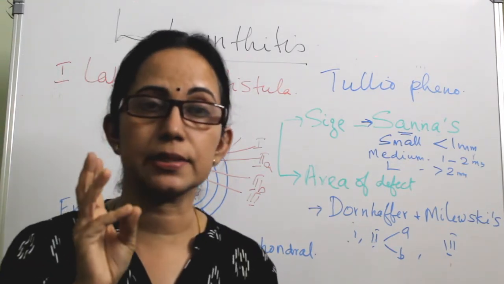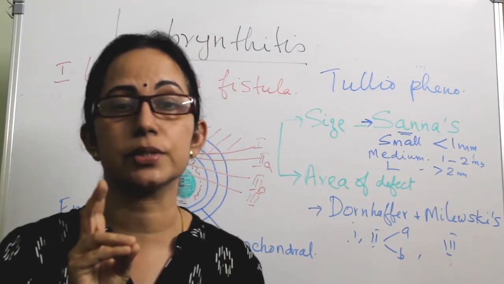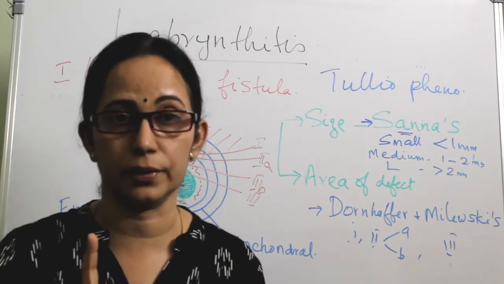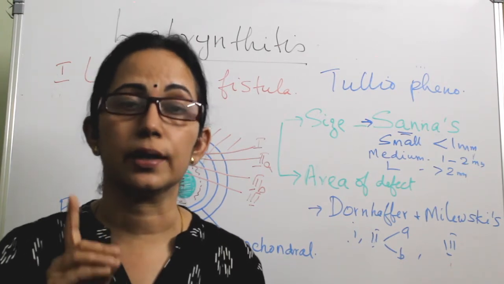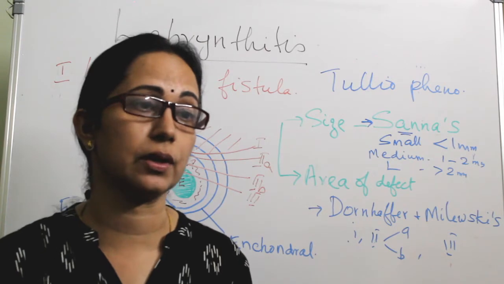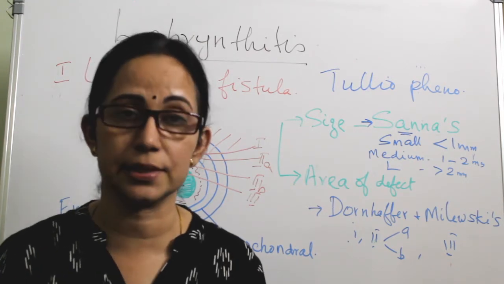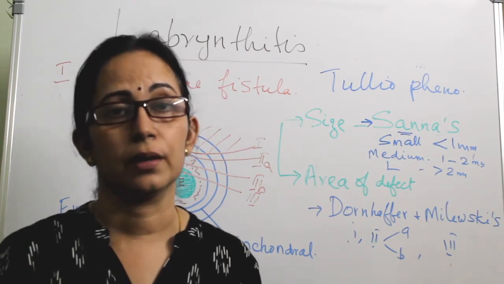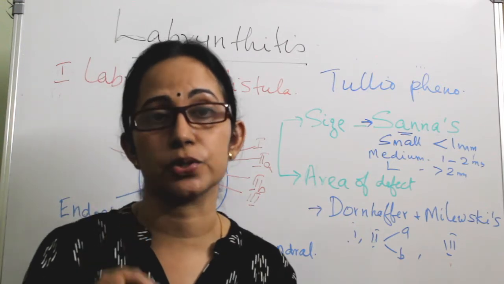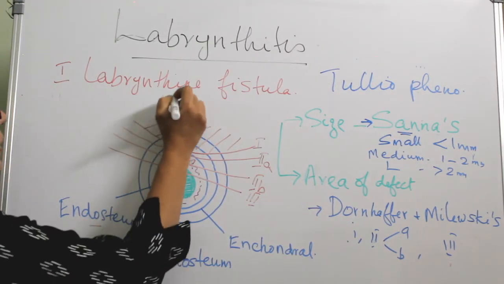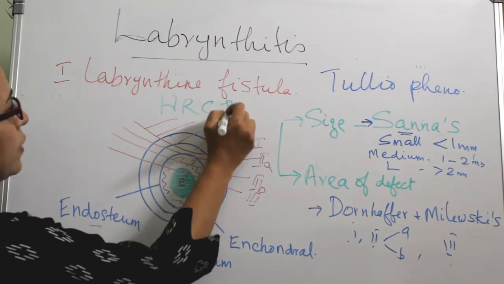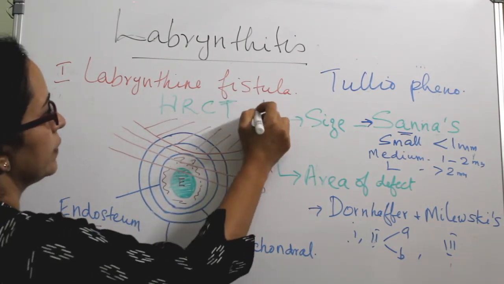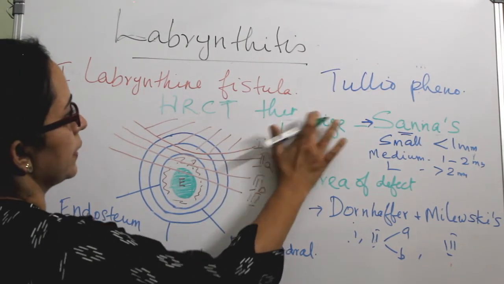In a patient having a sensorineural hearing loss, presence of cholesteatoma and transient periods of vertigo, you have to confirm the presence of labyrinthine fistula by doing a high resolution CT scan of the temporal bone, that too with the thinnest possible slice. Confirmation is by a high resolution CT scan of the temporal bone with the thinnest cut.